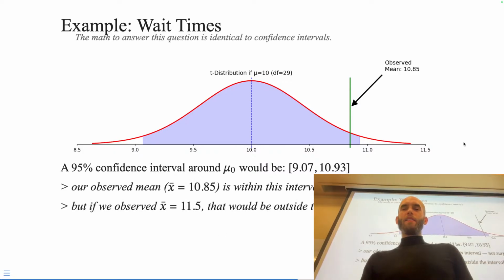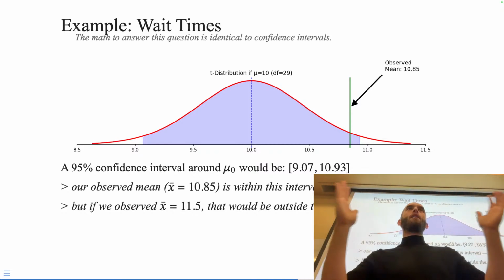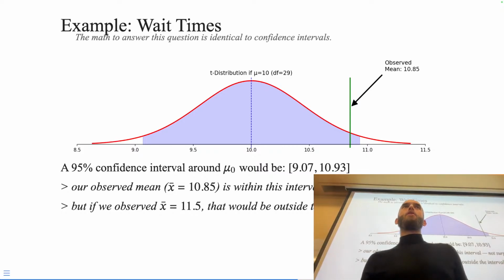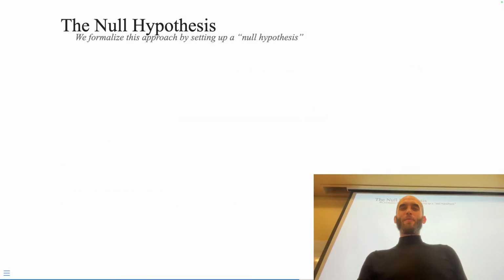But the idea is if our sample mean falls outside of this confidence interval, then we're confident that the null hypothesis is not generating the data that we're seeing. So if the sample mean is not close to our null hypothesis, then we're very confident that the null hypothesis is not the truth. It's what we call very surprising, exclamation point.